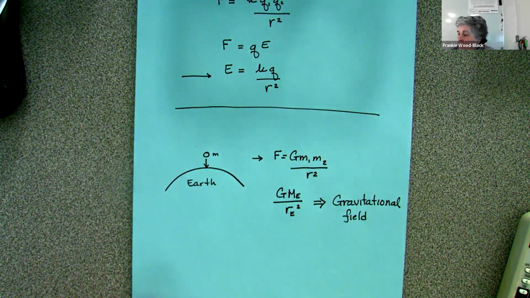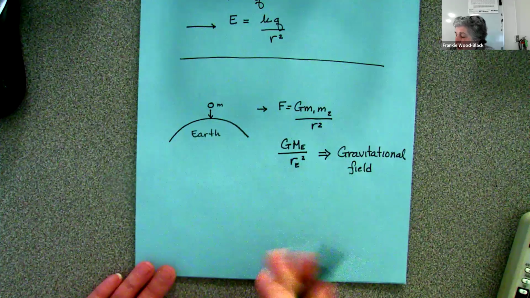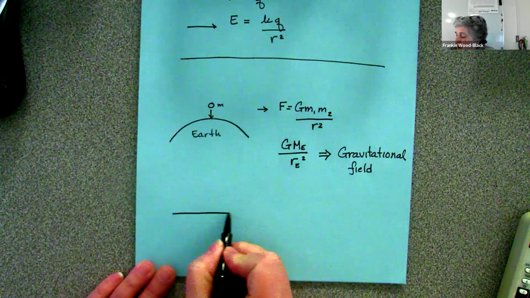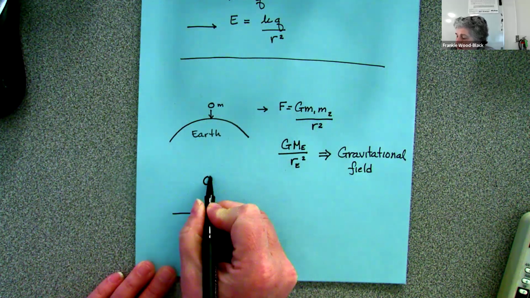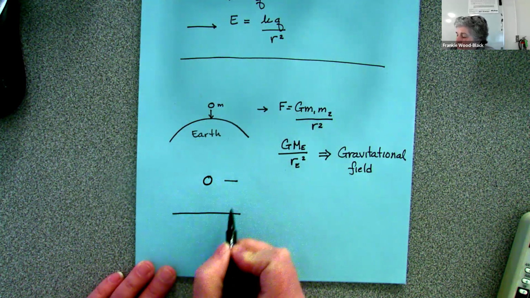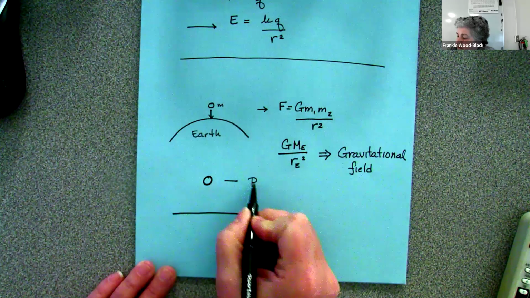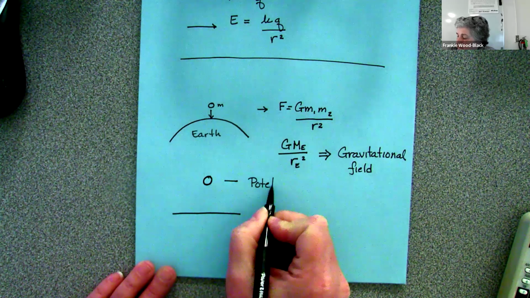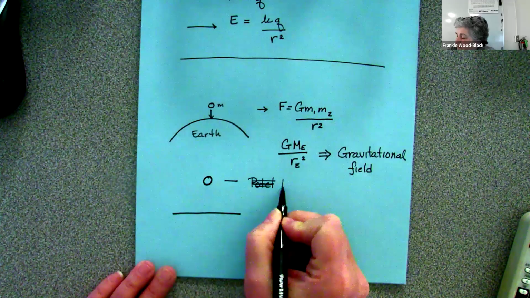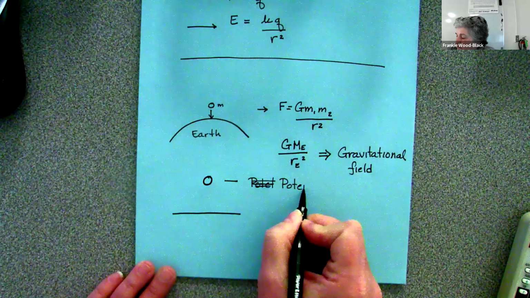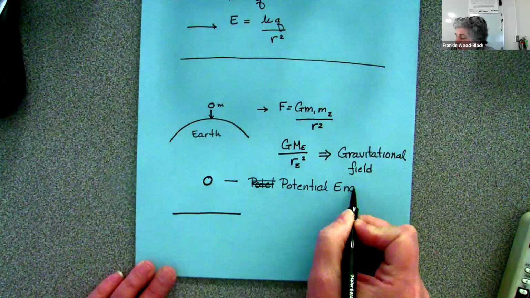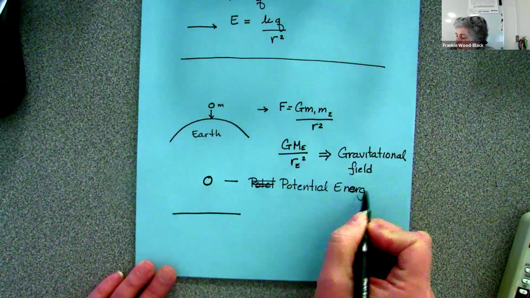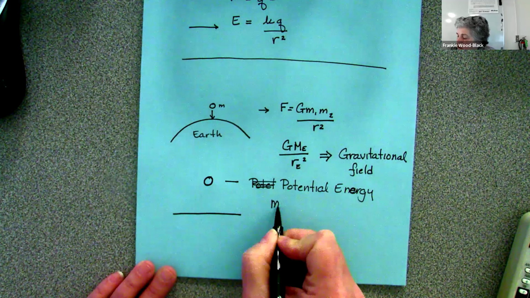All right. And one of the things that we did with that is we said, okay, if I took an object and I raised it up, we got this idea of potential energy. And this was mgh.